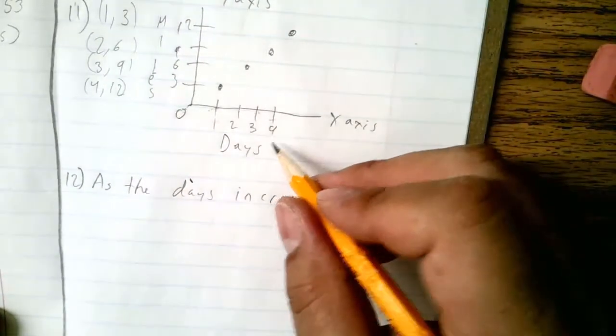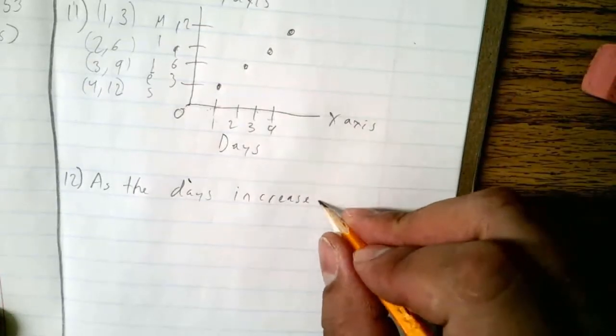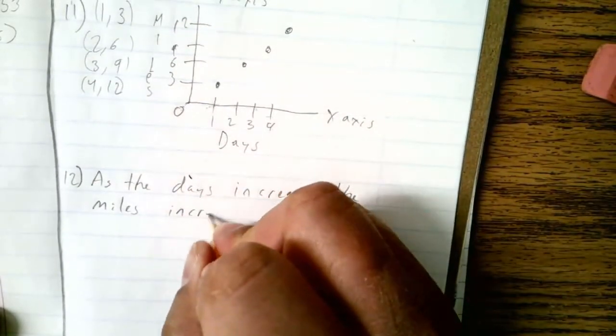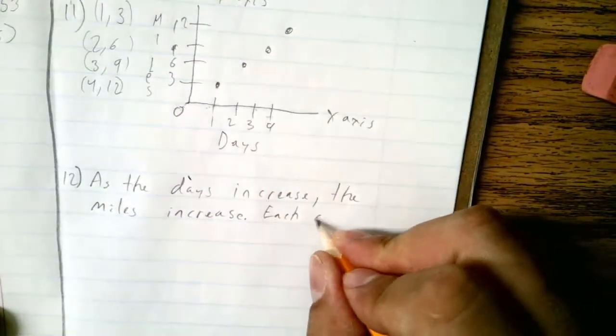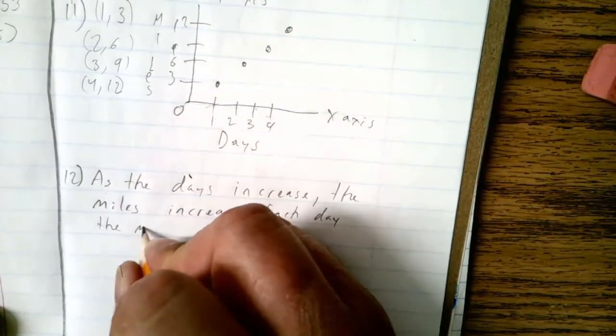If you spend days walking, actually the more days you spend walking, the more miles you're going to walk. As the days increase, the miles increase. Each day increases by 3. Each day, the miles increase by 3.